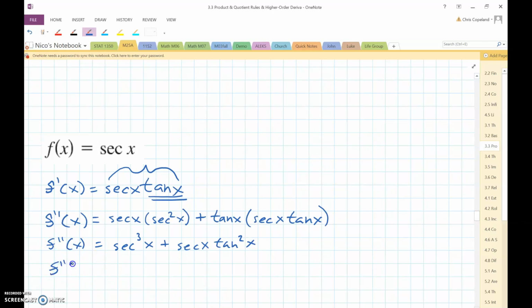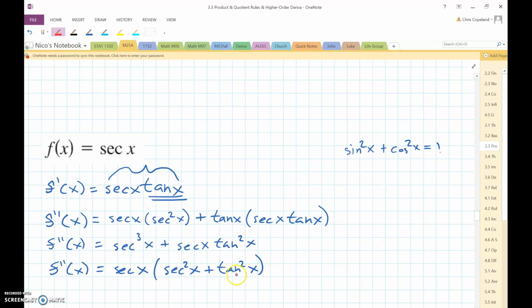Then we can factor out secant x, and then I have secant squared x plus tangent squared x. And then we can simplify this a little bit more using one of the Pythagorean identities. So we should be familiar with this Pythagorean identity.